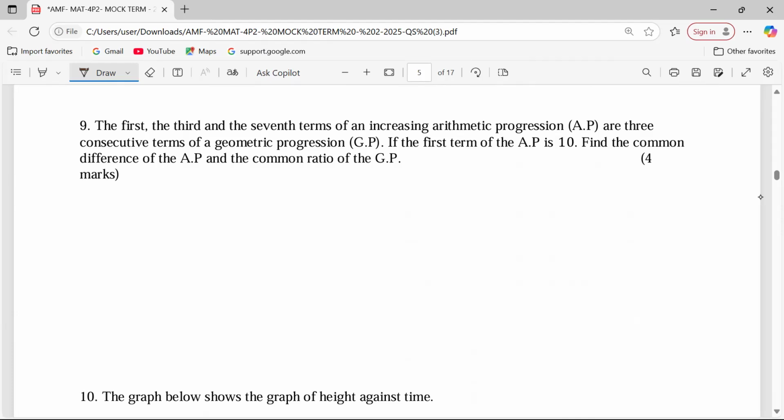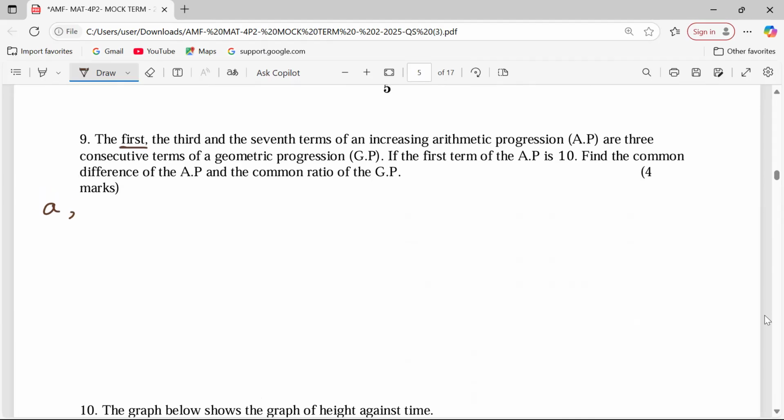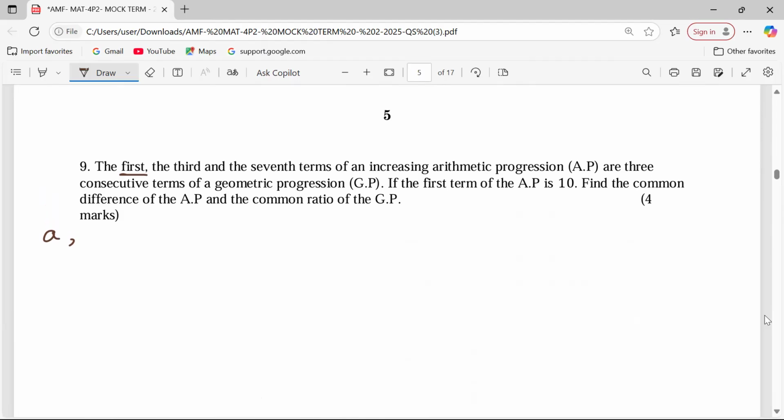All right, we are told that the first term can be called A, together with the third term and the seventh term.